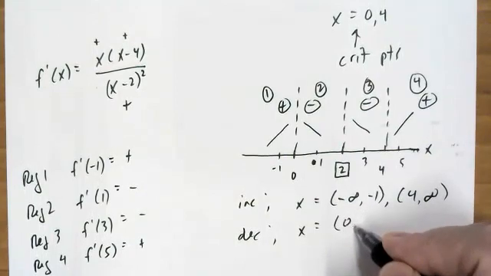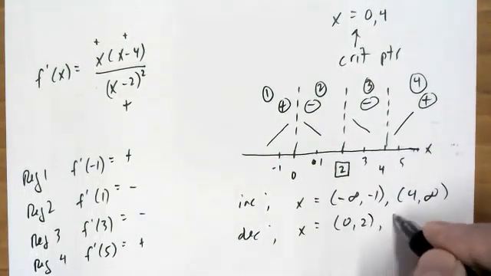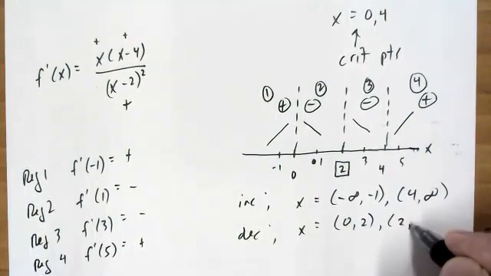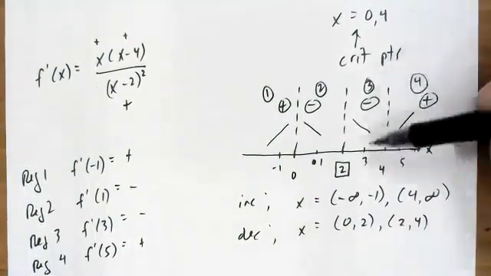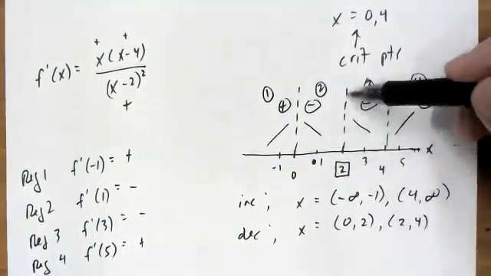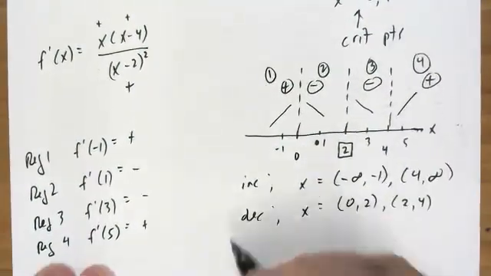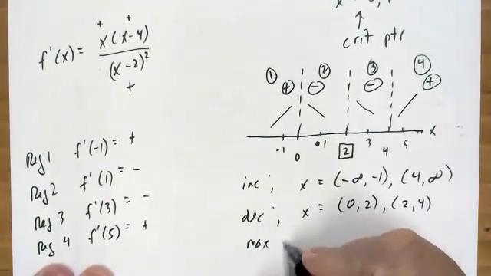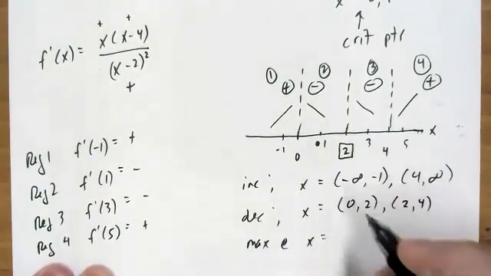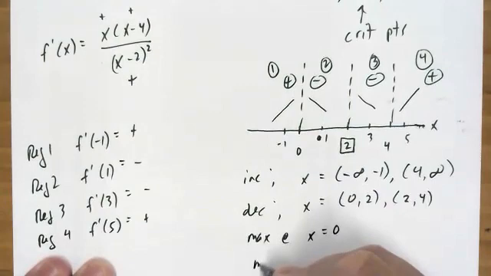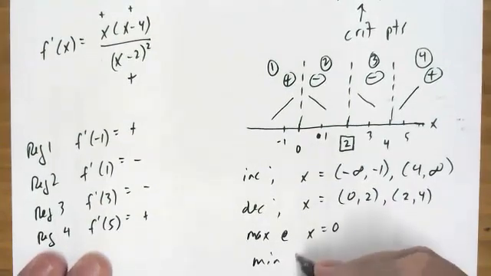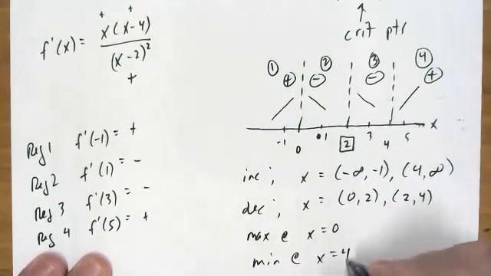So from 0 to 2 and 2 to 4. So I have to break these up because I've got this asymptote here. So it looks like I have a maximum when x equals 0 and a minimum when x equals 4.